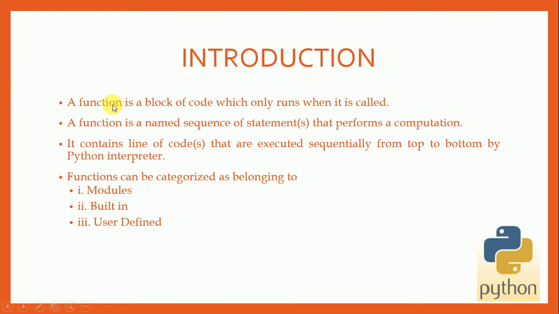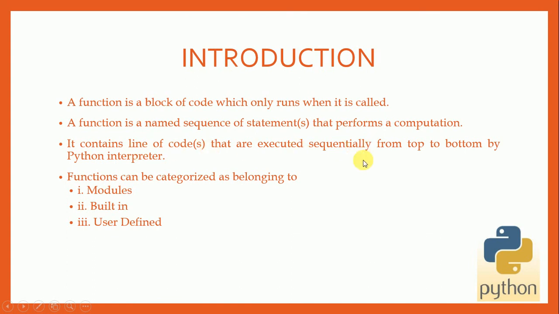So a function is a block of code which only runs when it is called. A function is a named sequence of statements that performs a computation. So a function has a particular name, and it performs some computational process. It has some name and certain blocks of code.